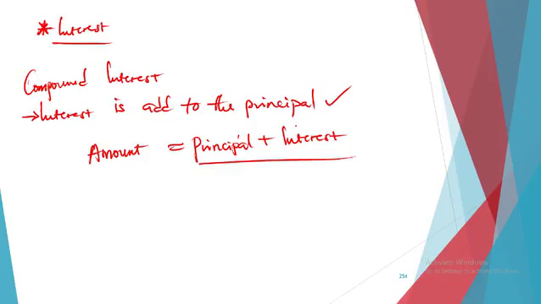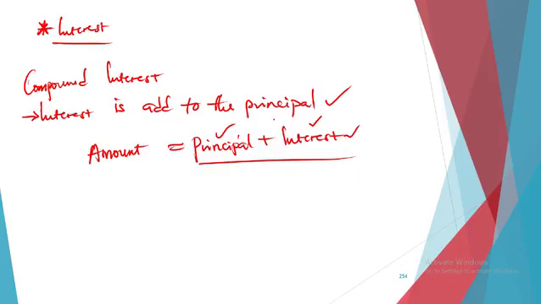The principal is the amount the lender lends to a borrower. The interest is the amount that is added to the money that has been lent, so when returning it, you pay interest. The amount is equal to principal plus interest.